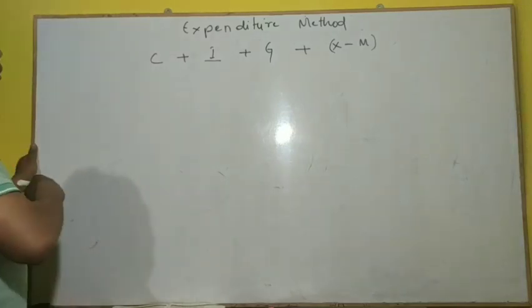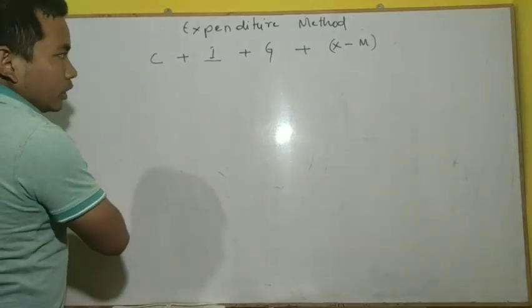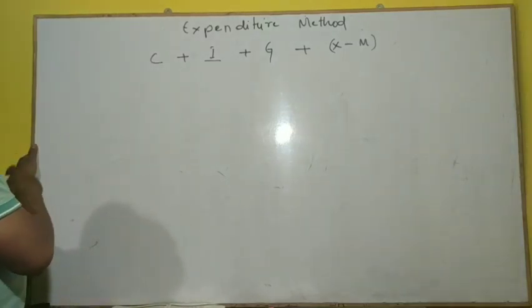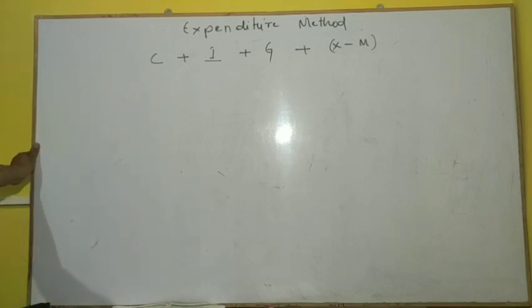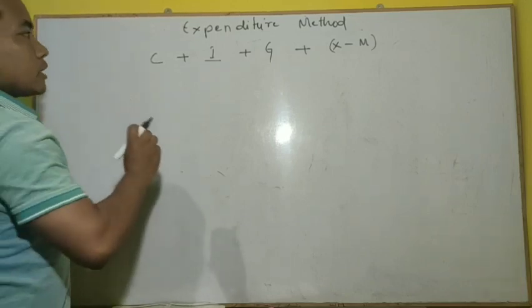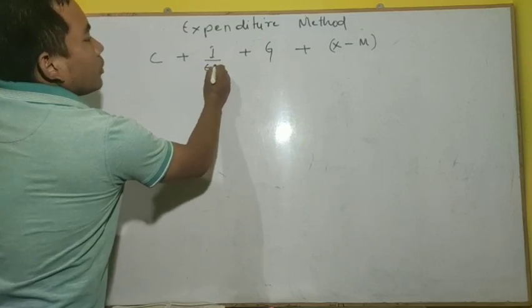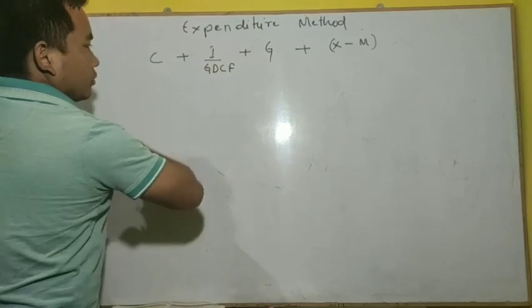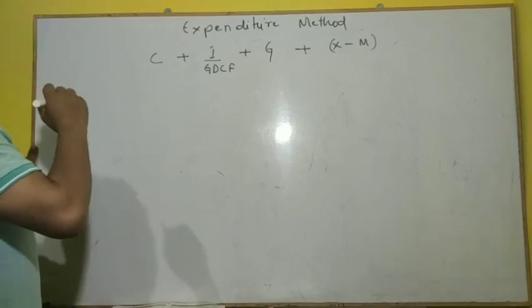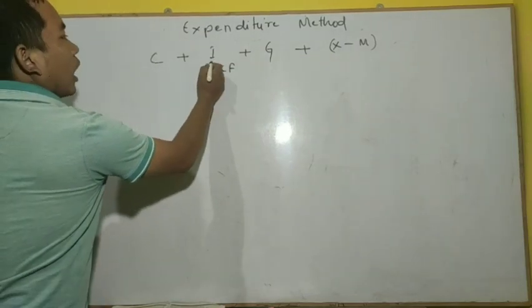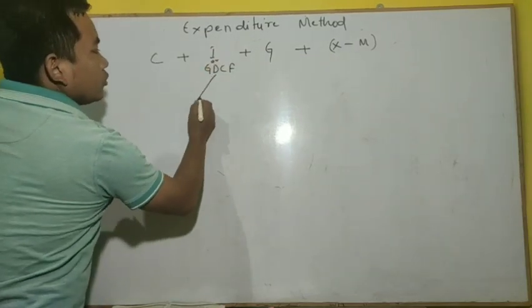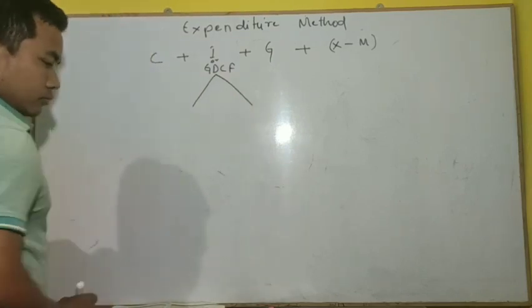A few minutes ago, I told you that I represents investment expenditure. This investment expenditure is also known as gross domestic capital formation. This gross domestic capital formation, or I, is divided into two types.